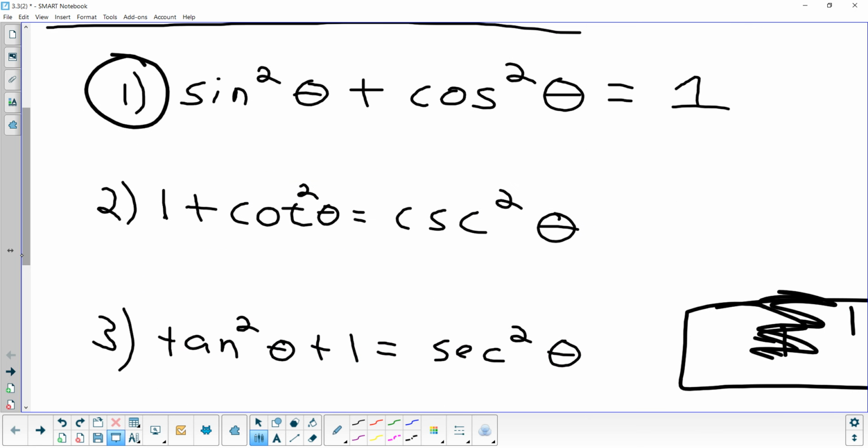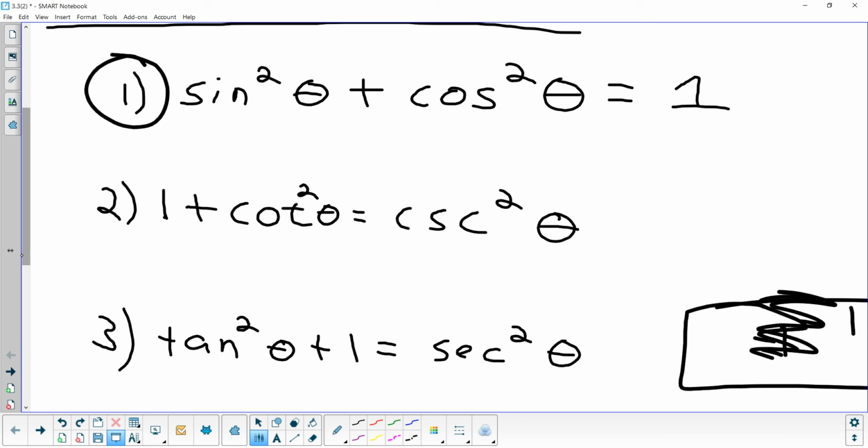What does that look like? 1 minus sine squared. Yeah, the first one. What would you have to do on both sides to get a 1 minus sine squared in the first one? Cassie? I don't know. Ava?